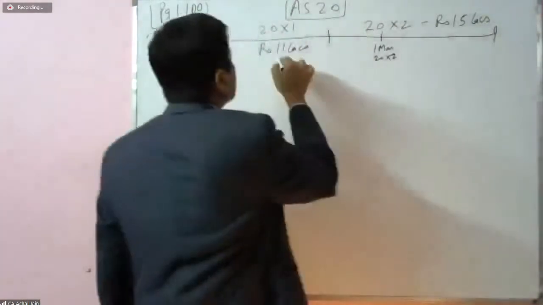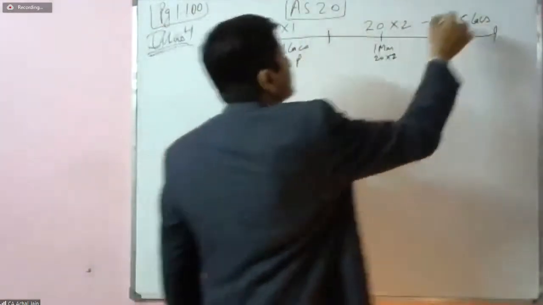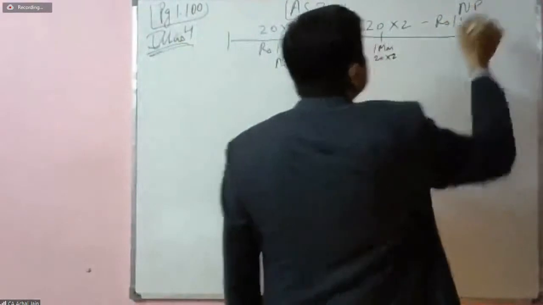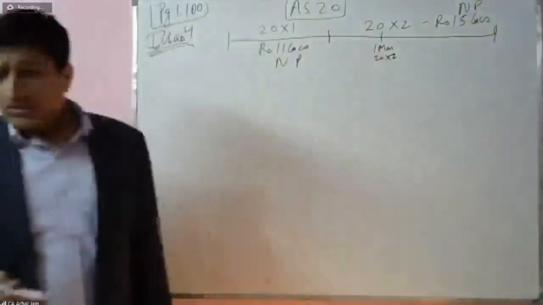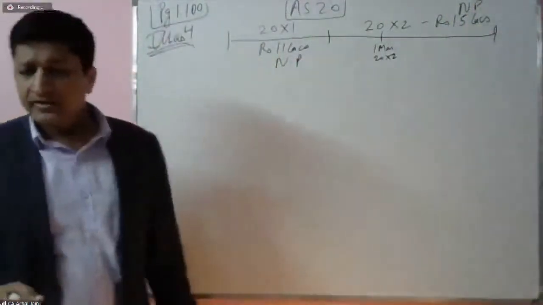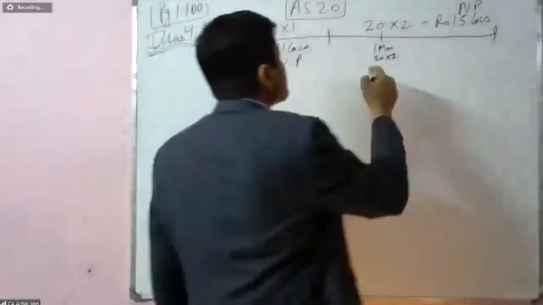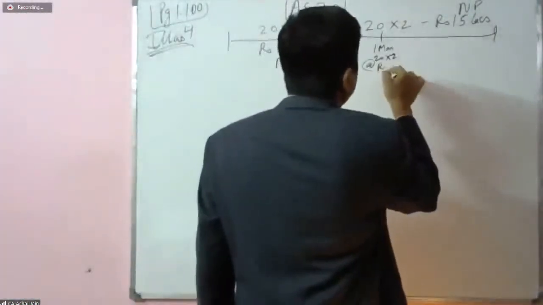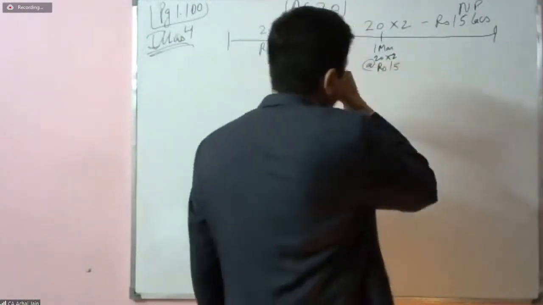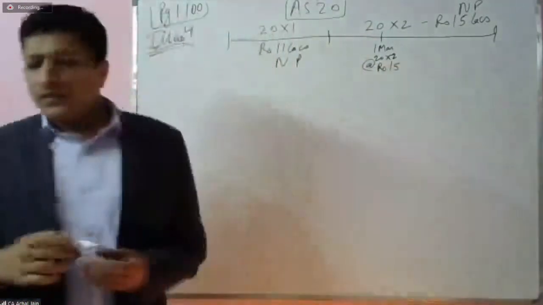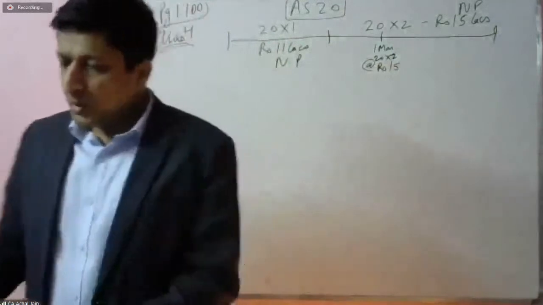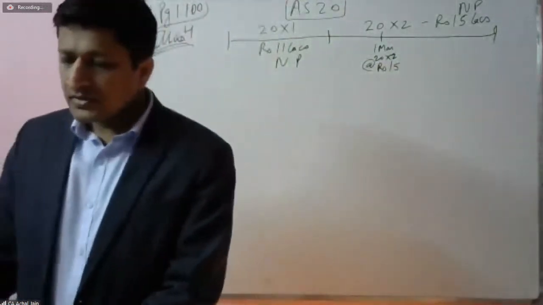These are the net profits given to us. This is the date of right issue, and on this date the right issue came at 15. I'm hoping you have started solving this.